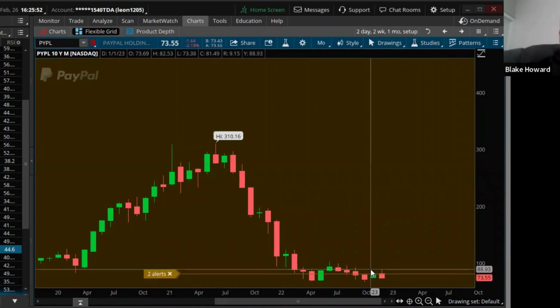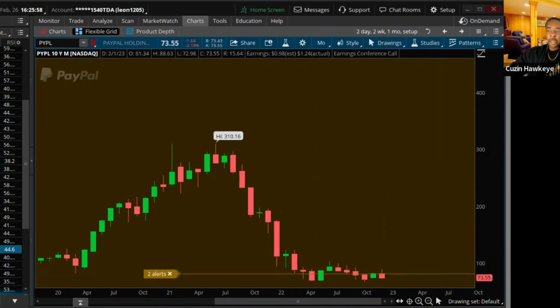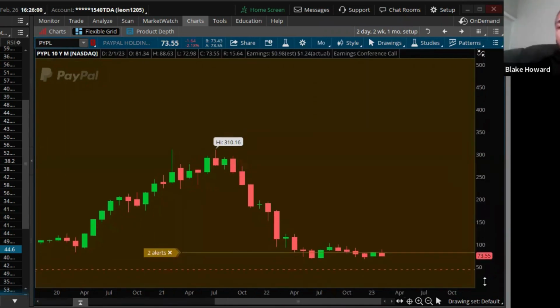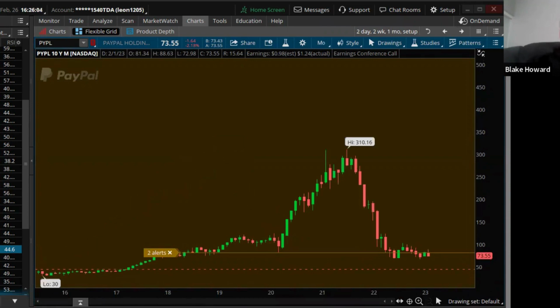If it breaks higher than that, it could be a good one. And that's from day trading the last two to three weeks. I've learned a lot about the flow of a chart, how it moves and when it can go up and down after a certain amount of time.